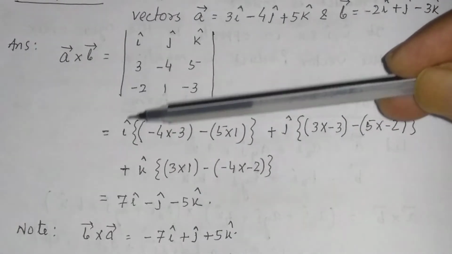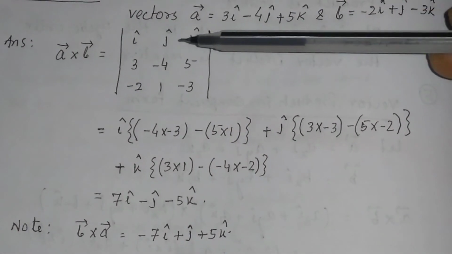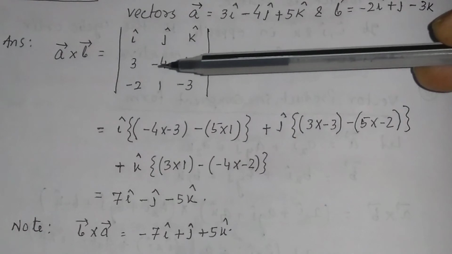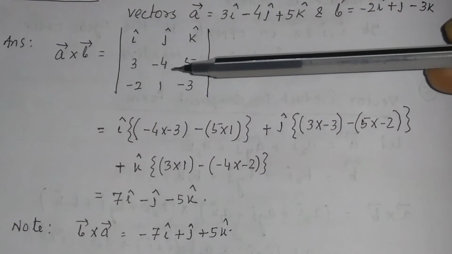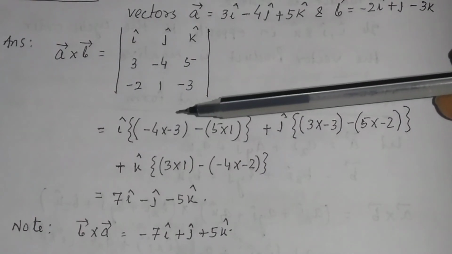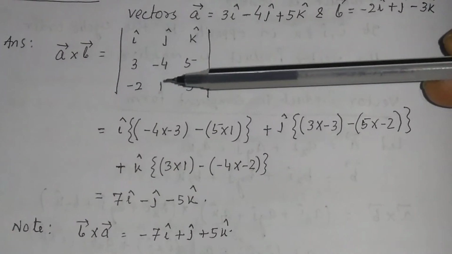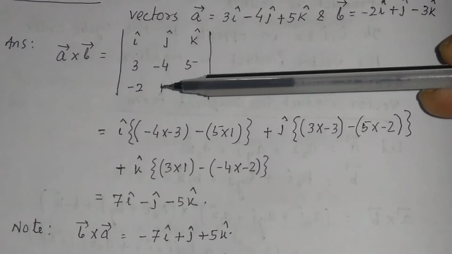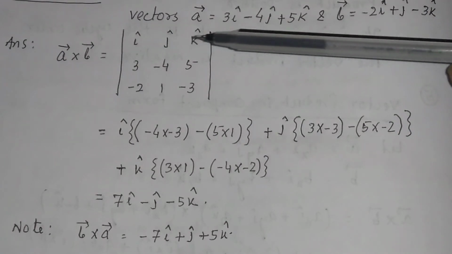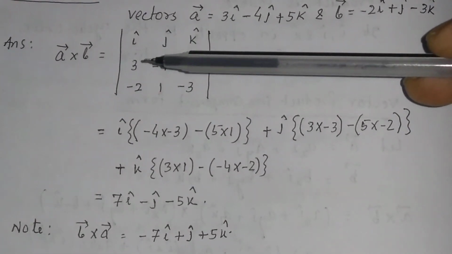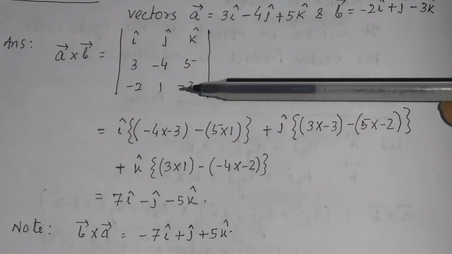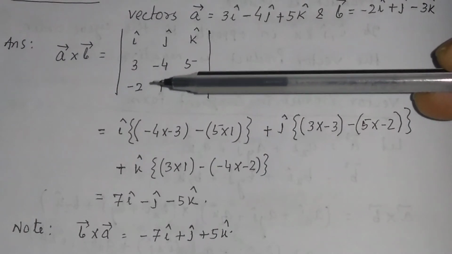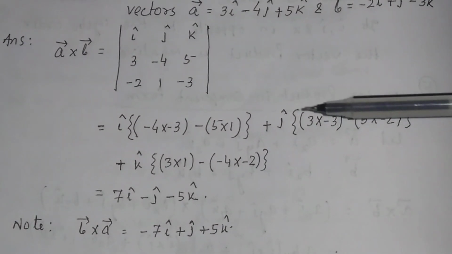So if you consider i cap, you leave this first row and first column and take the cross multiplication of minus 4 with minus 3, then minus 5 into 1. Then if you consider this row and this column, you leave this one and take the multiplication of 3 into minus 3, then minus 2 into 5.